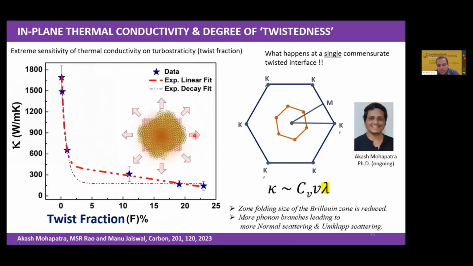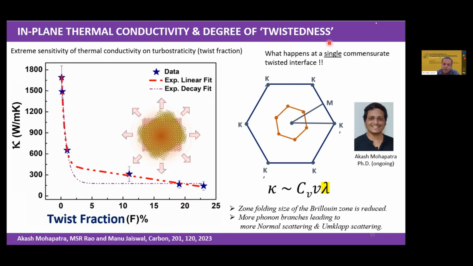What we studied in our research was how important this is for physical properties, and one property that we studied was the in-plane thermal conductivity. Graphene has among the highest possible thermal conductivities of all known materials, touching some few thousand watts per meter Kelvin, but add a tiny amount of twistedness and the thermal conductivity really drops down tremendously, whose effect can be understood that now there is zone folding, because the size of the Brillouin zone is changing tremendously.